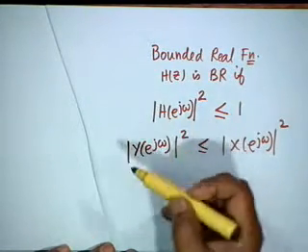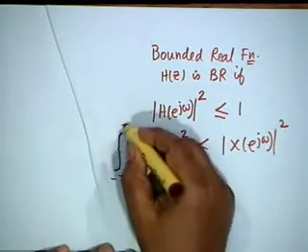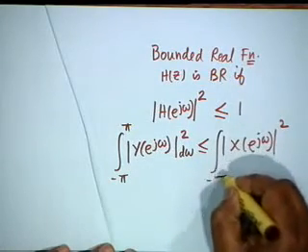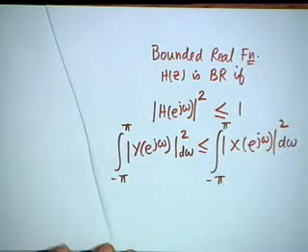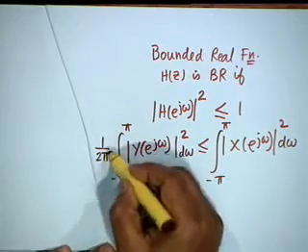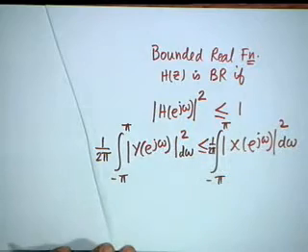if we integrate this from minus π to π, then the right hand side should also be integrated from minus π to π, and we take 1 over 2π.